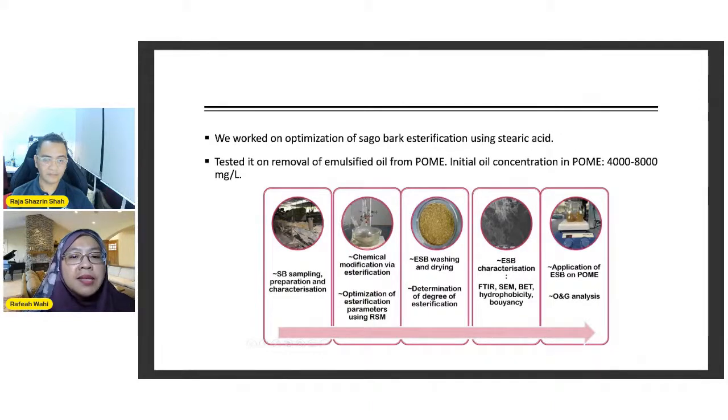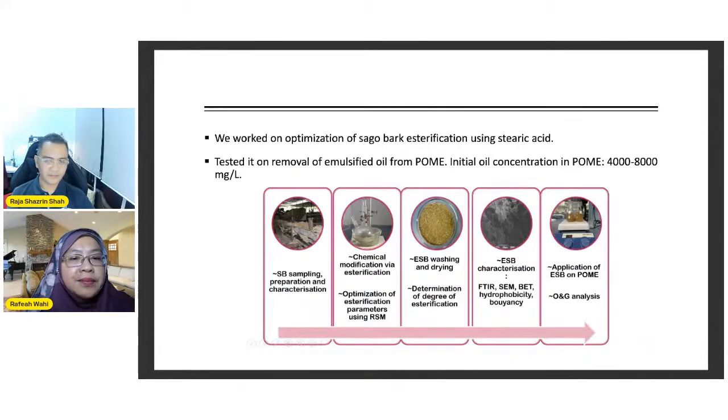And sometimes we have another solid waste. We call it hampas, sago hampas. It comes as the byproduct of the flour processing itself. So it is the end product which is normally dumped into the river.